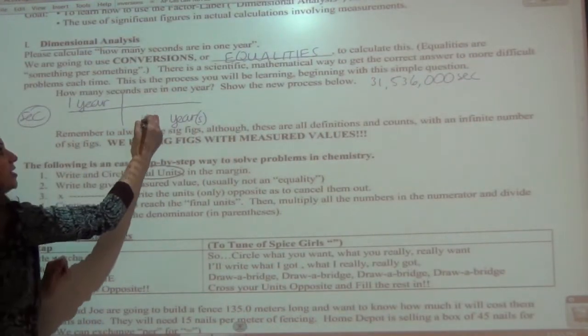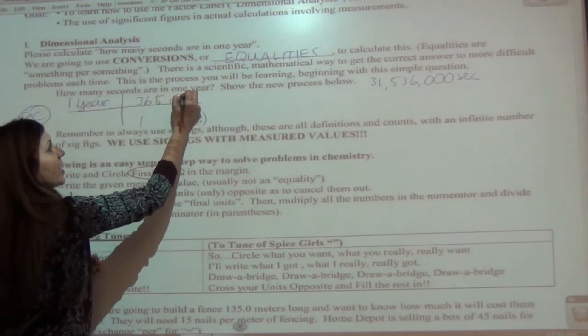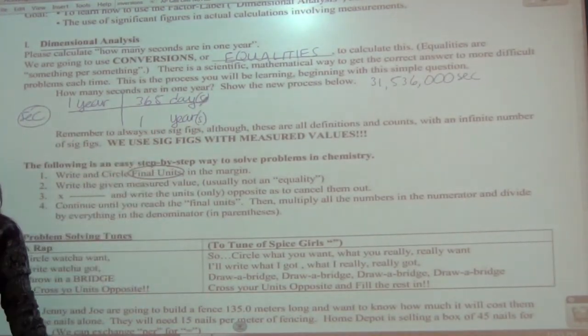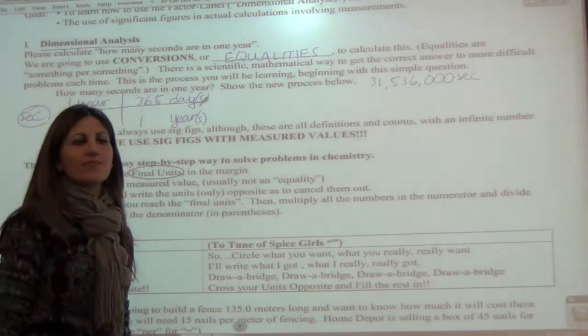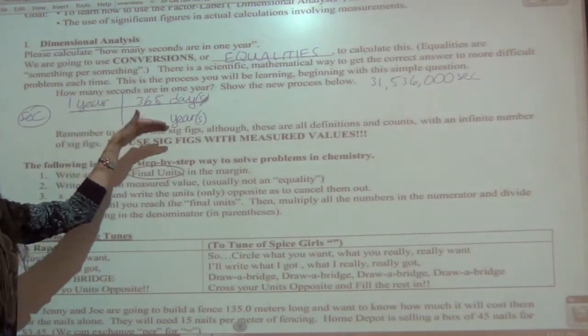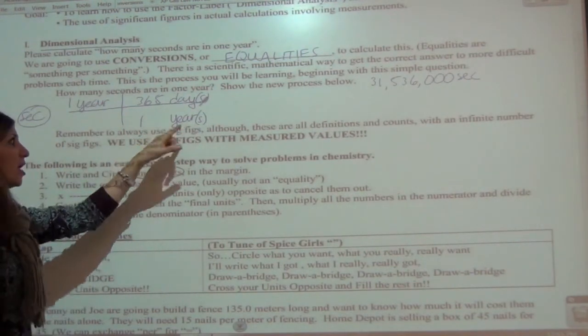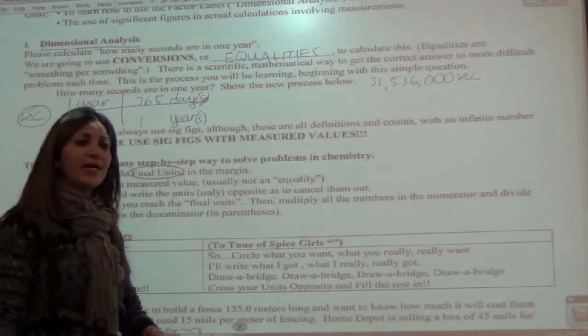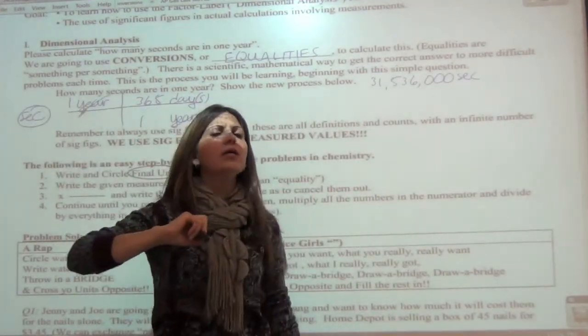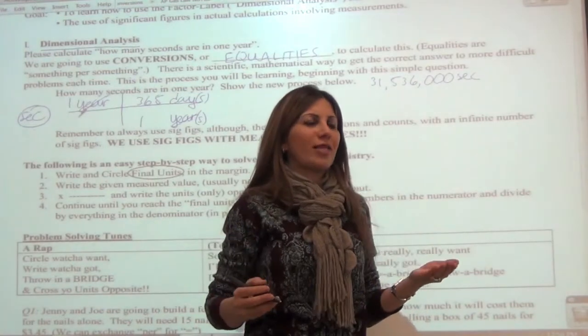So we said that in 1 year, there are 365 days. Would it be okay to put 365 on the bottom? No. It would if you were starting with days and you were trying to cancel days out, but because we already have years on the bottom there and we crossed opposite so that they could cancel out, which is what happens right there, then you have to make sure your equality makes sense.